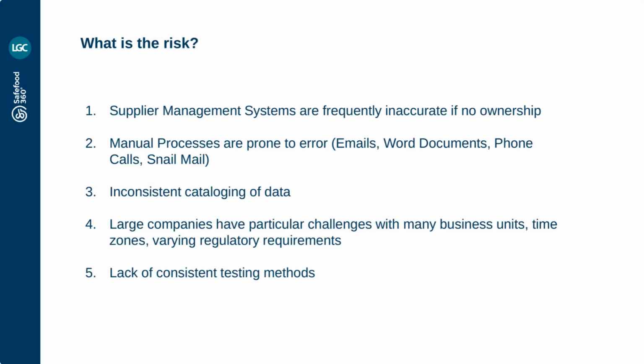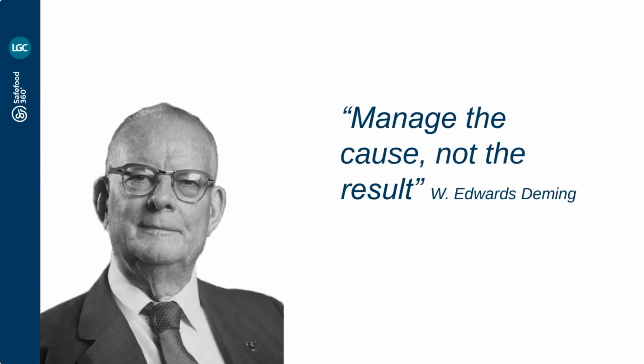There might be inconsistent cataloging of the data, and large enterprises actually have a particular challenge here because their business units may be spread apart, not just by various time zones, but there are some organizations where their business units really are spread across several continents or right around the globe. And then there's lack of consistent testing methods on those risks.